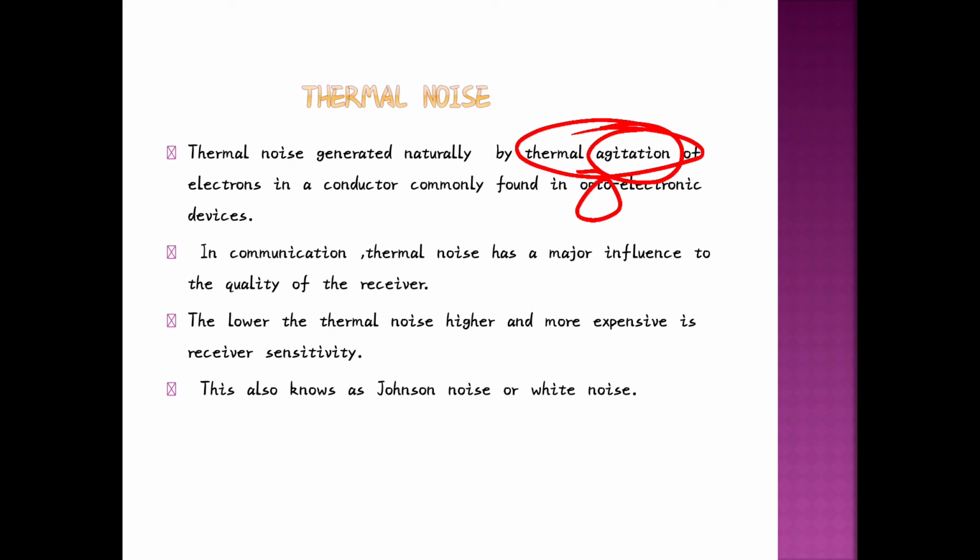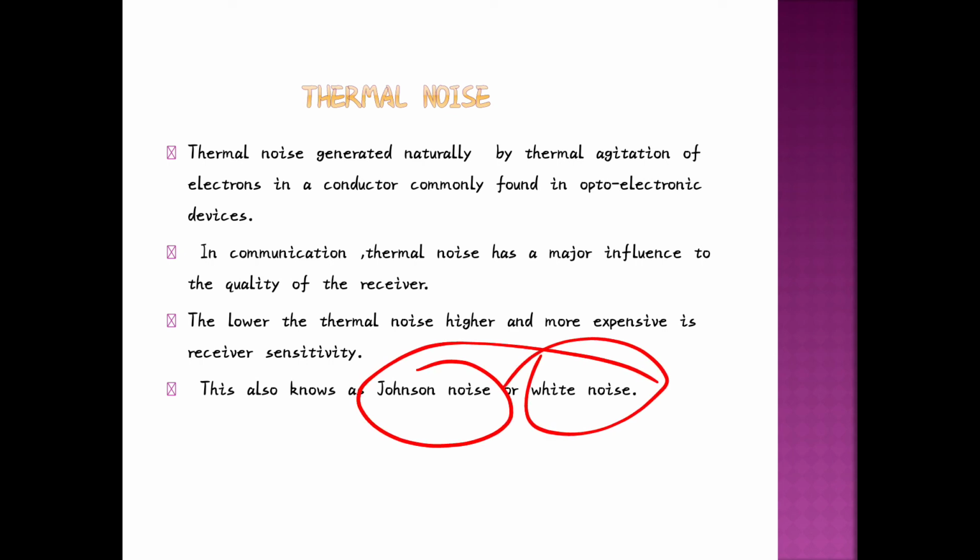An opto-electronic device is an optical to electrical transducer device. In communication, thermal noise has a major influence on the quality of the receiver. The lower the thermal noise, the higher the receiving sensitivity. This is known as Johnson noise or white noise.